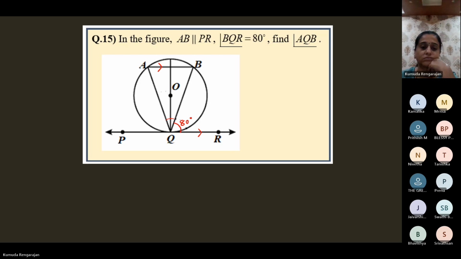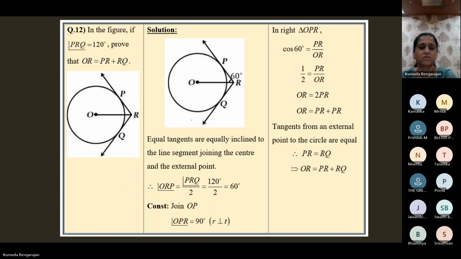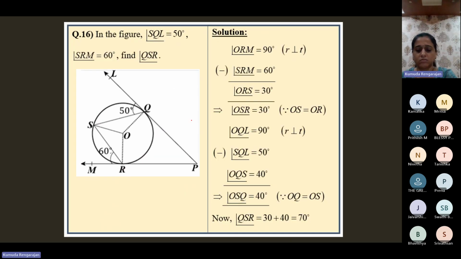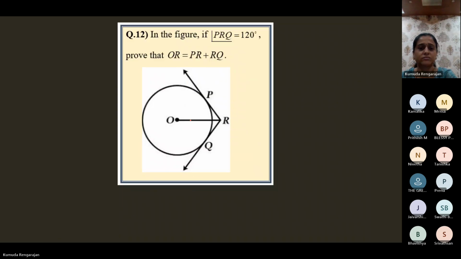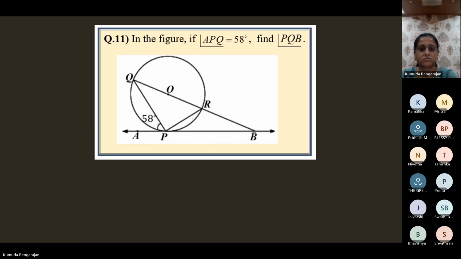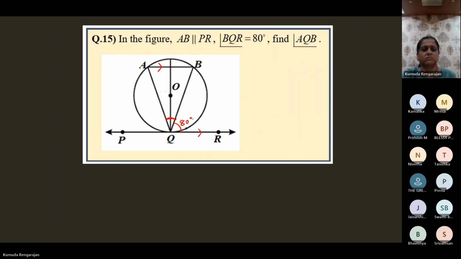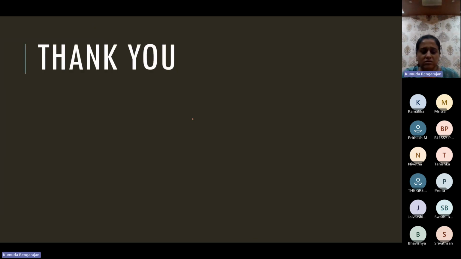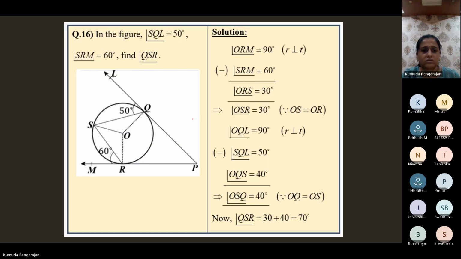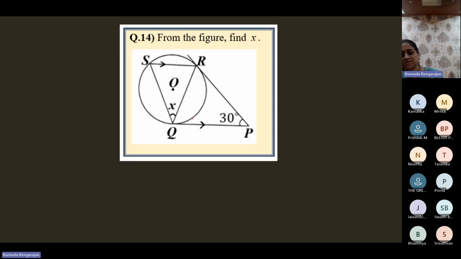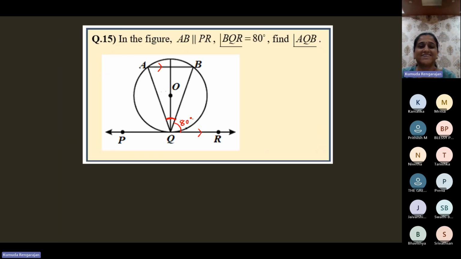Find AQB. It's similar to the one which we did earlier.